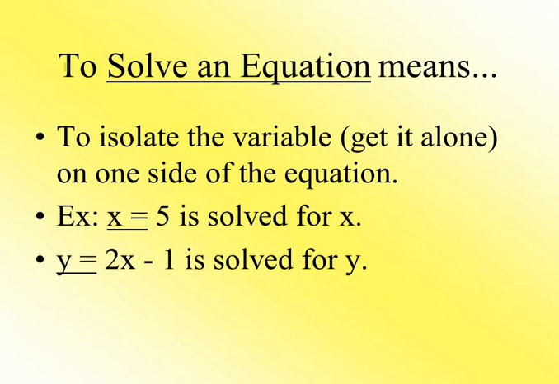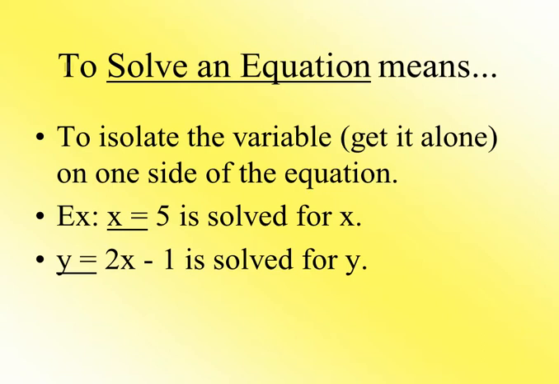Because understanding what solving means is as big a part of doing algebra as anything. We're used to getting something like x equals 5, which is solved for x. You're like, well, duh, when it's x and a number, it's solved.